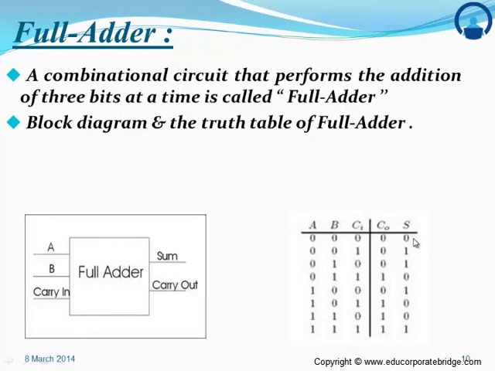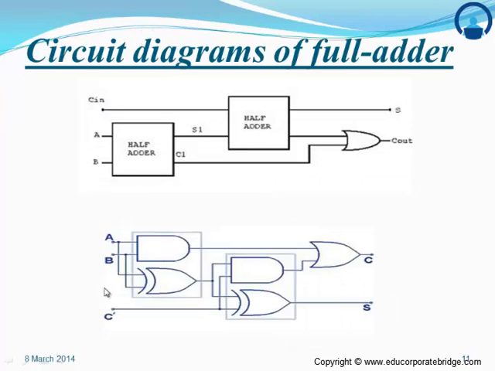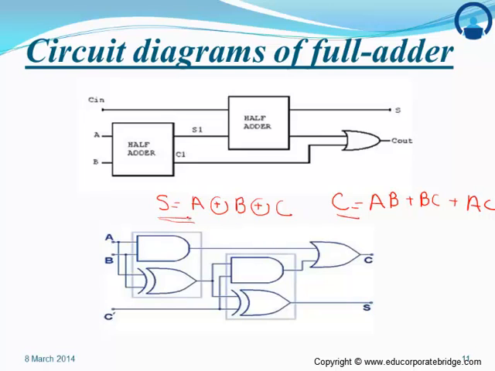If we make a K map for sum and a K map for carry, we get the equation for sum as S is equal to A XOR B XOR C. Similarly, from the K map for the carry, we get the equation AB plus BC plus AC. This is the equation for carry and this is the equation for sum.